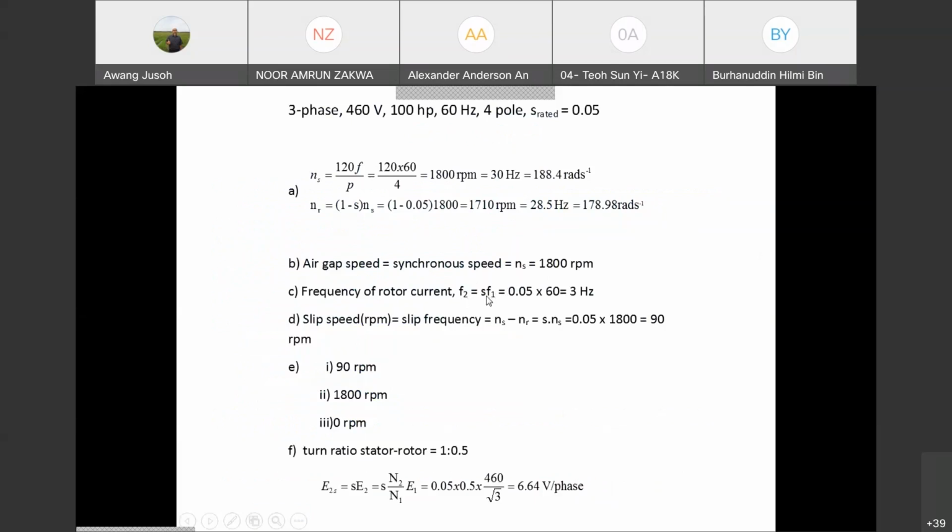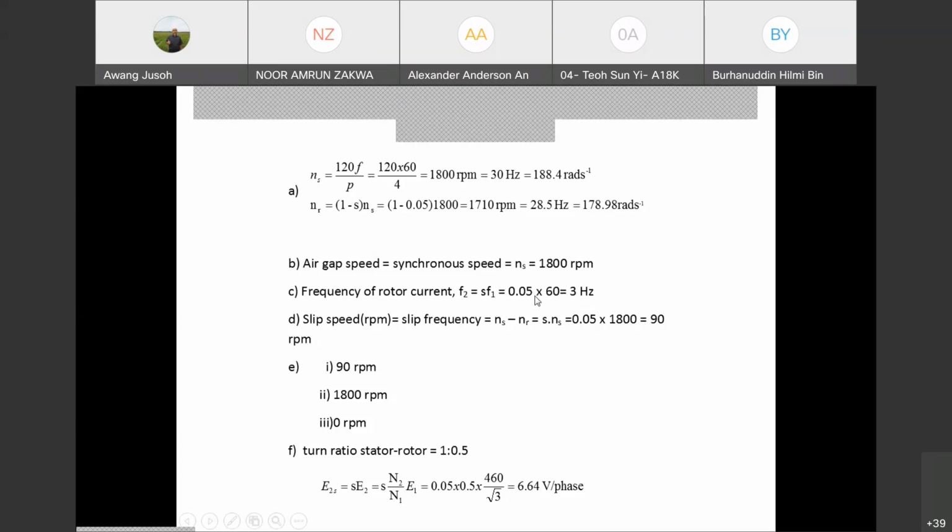If we have f1 equal to 60 Hertz, the frequency of the stator, then for the rotor frequency you multiply by s. Then on the rotor side we have a frequency of only 3 Hertz. So a very slow frequency compared to the stator, because the rotor also carries AC current. Simple, just multiply by s: the f1 of 60 Hz times s gives the rotor frequency.